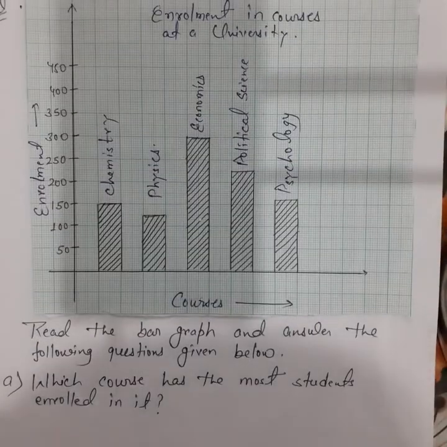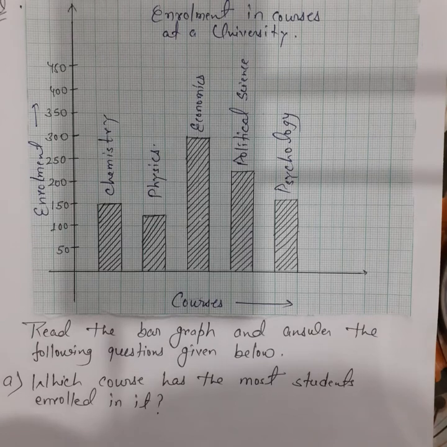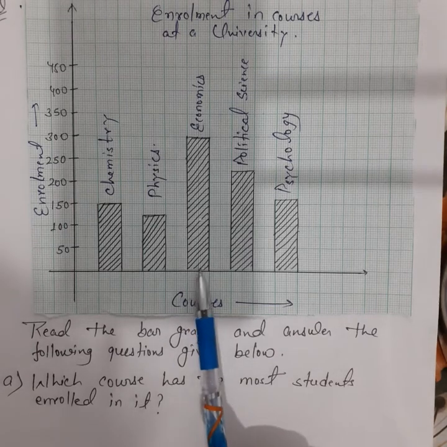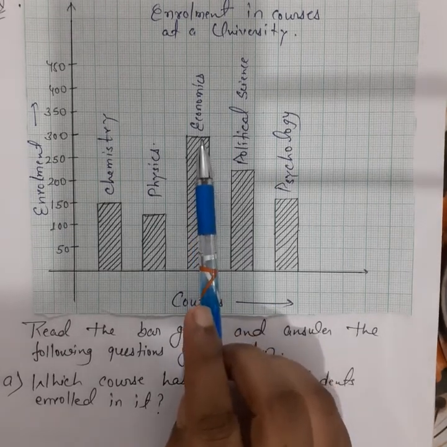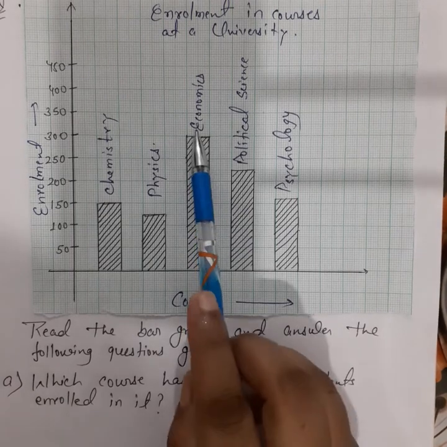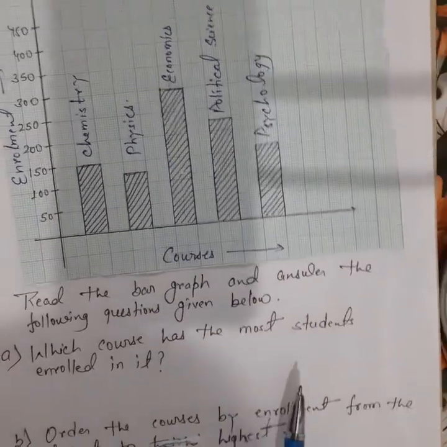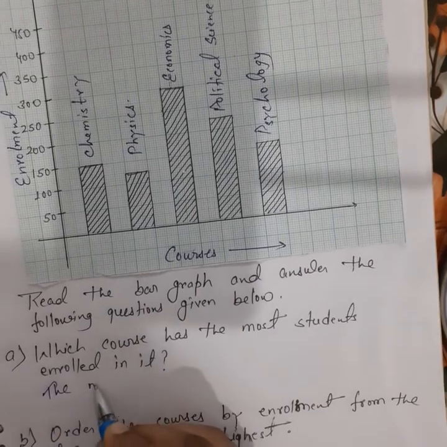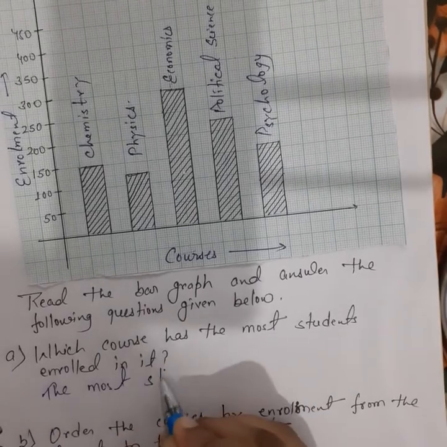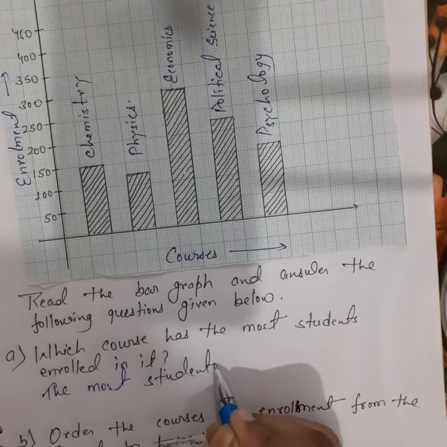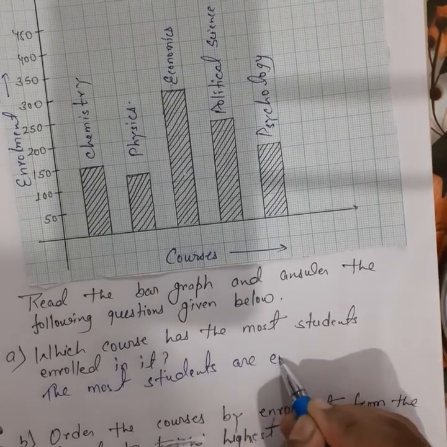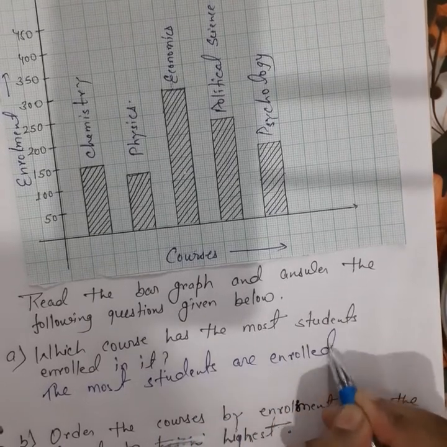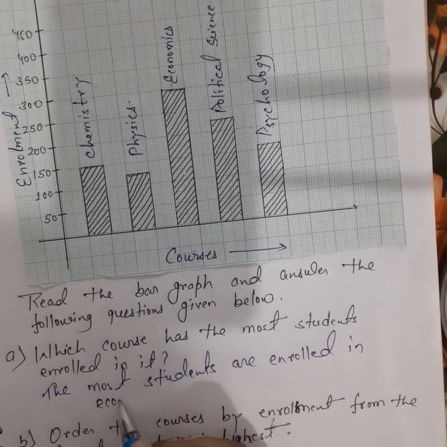Which course has the maximum height? Economics. It means the most students are enrolled in economics.